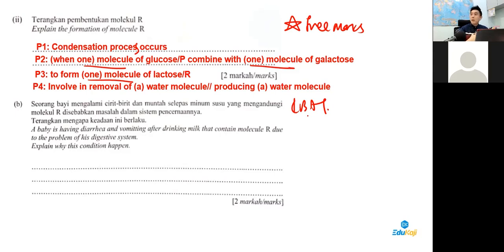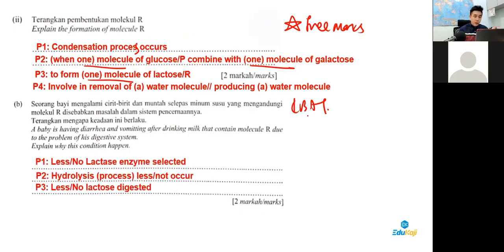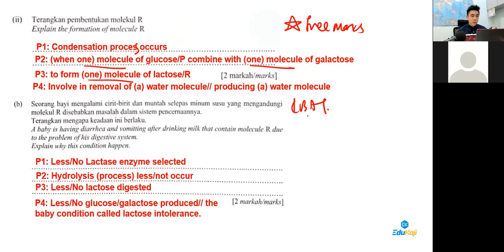It's because the body doesn't have lactase to break down the lactose, and that is why the symptoms occur. Honestly, if you just put lactose intolerance, it's already 1 mark. Then any one more point would straight away contribute another mark.